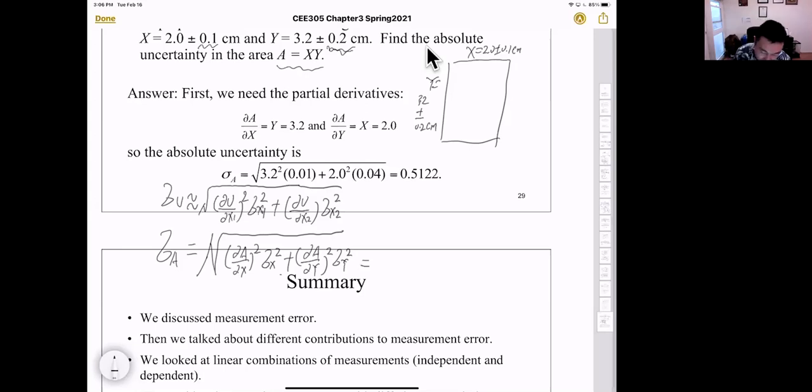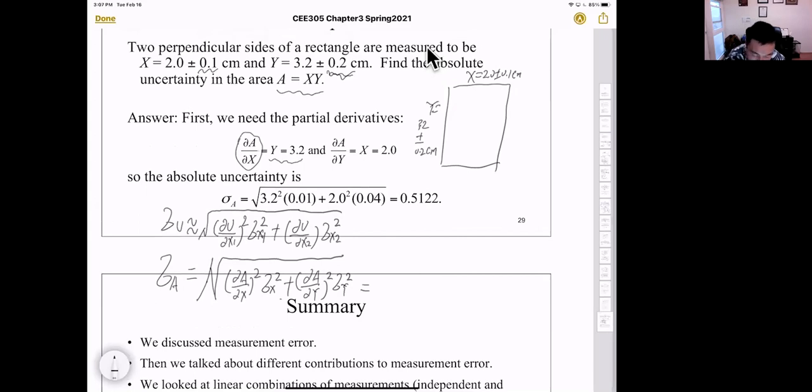The partial derivative of A for x is equal to y, which is 3.2, and the partial derivative for y is equal to x, which is 2.0.